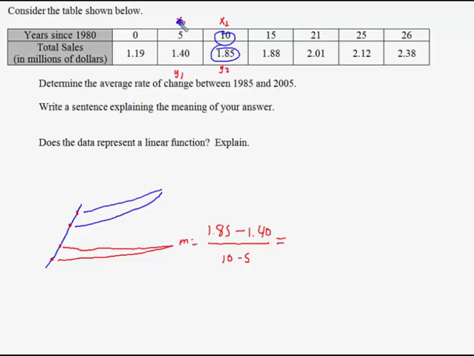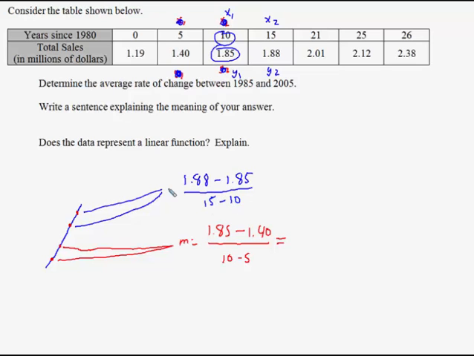If it were indeed linear, I would come up with the same thing as if I calculated the slope between 2 points further on. So scratch this and scratch this. I would now make this my x1 and this my y1, and this would become my x2 and this my y2. Picking 2 points further on the line, my y2 would be 1.88 and my y1 would be 1.85, and the denominator for slope would be x2 minus x1, which would be 15 minus 10.